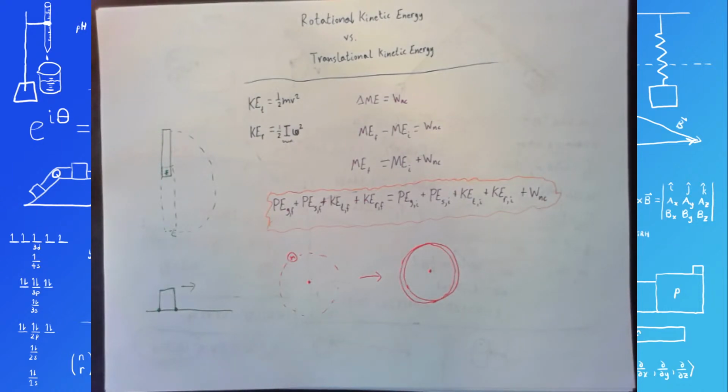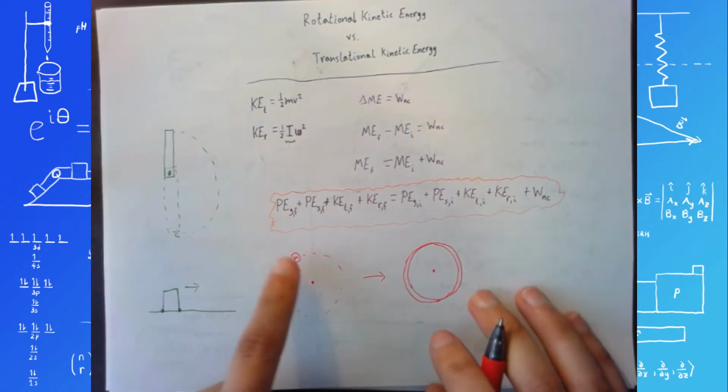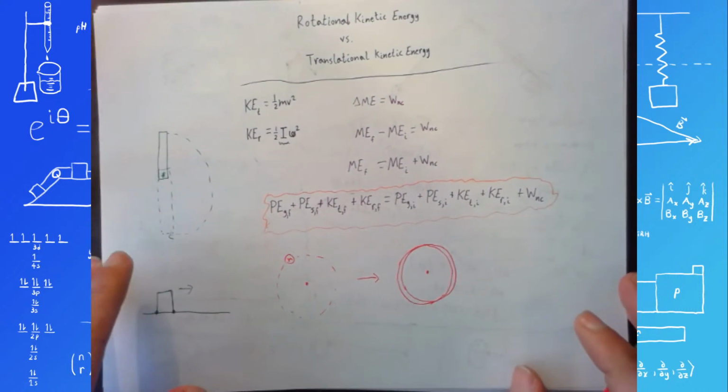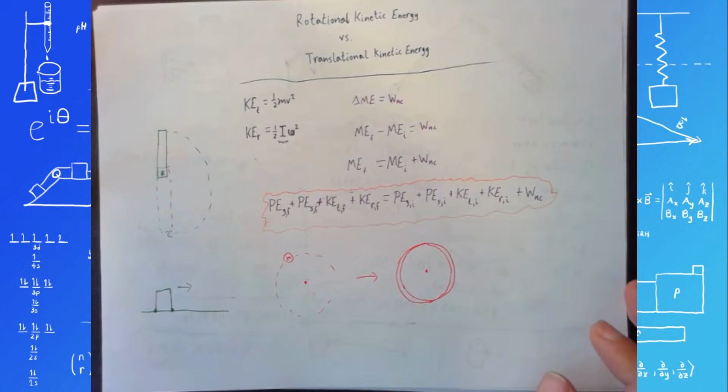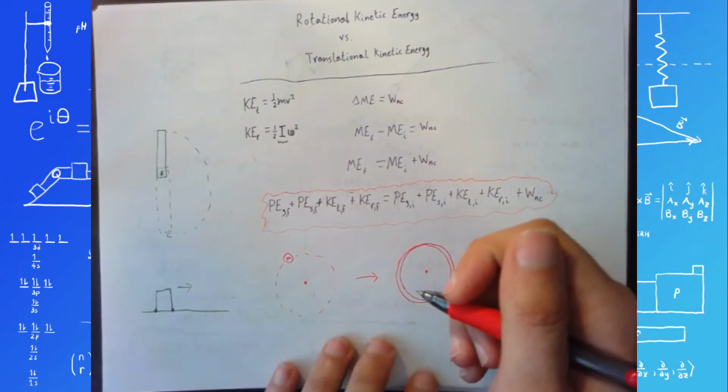So here, you can view the kinetic energy as being translational or rotational, but not both. That's what I was meaning to say. You can view it as translational or rotational, but not both.